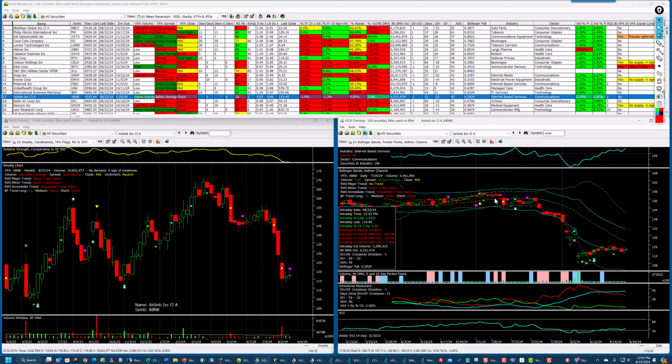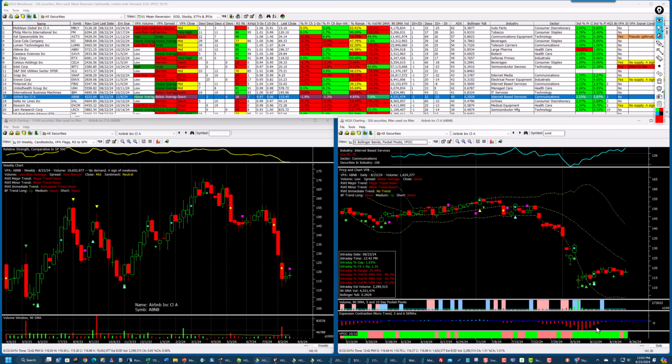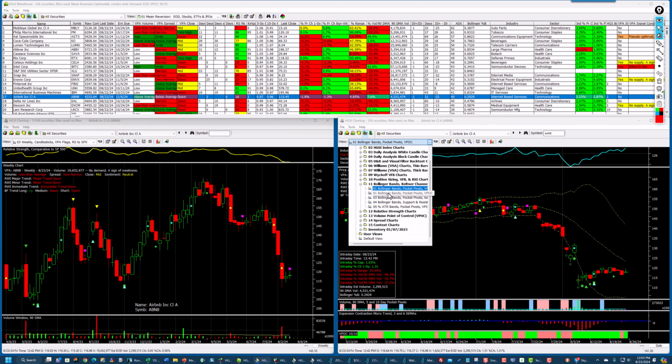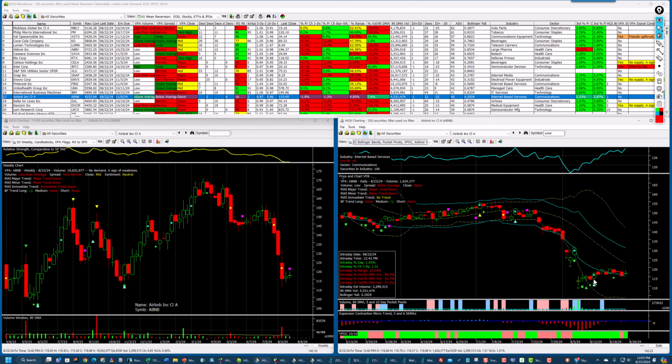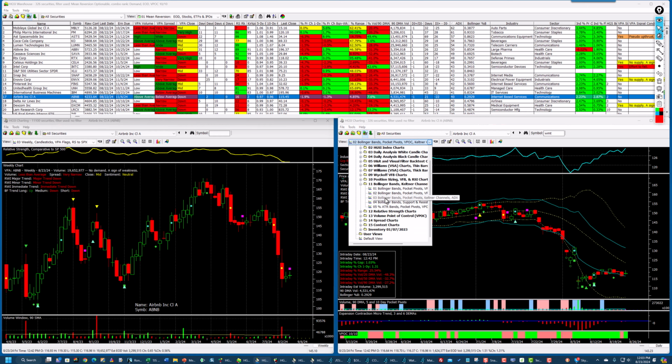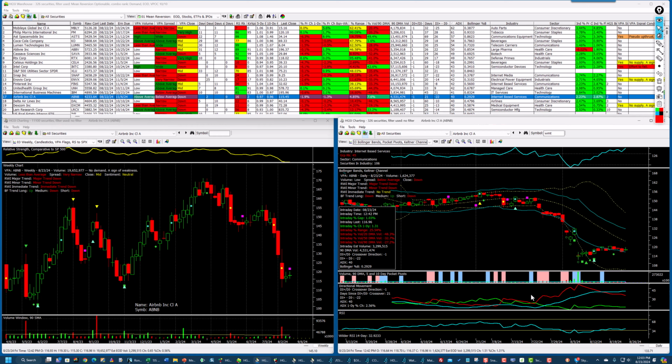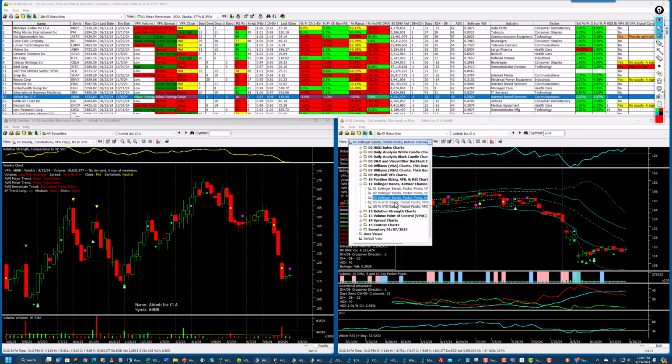I just want to point out that there are charts here that do contain the 3-6 crossover. This is number 1 with just the Bollinger Bands. This one has the Bollinger Bands and the Keltner and the 3-6 crossover. This chart has the ADX in it plus the RSI.